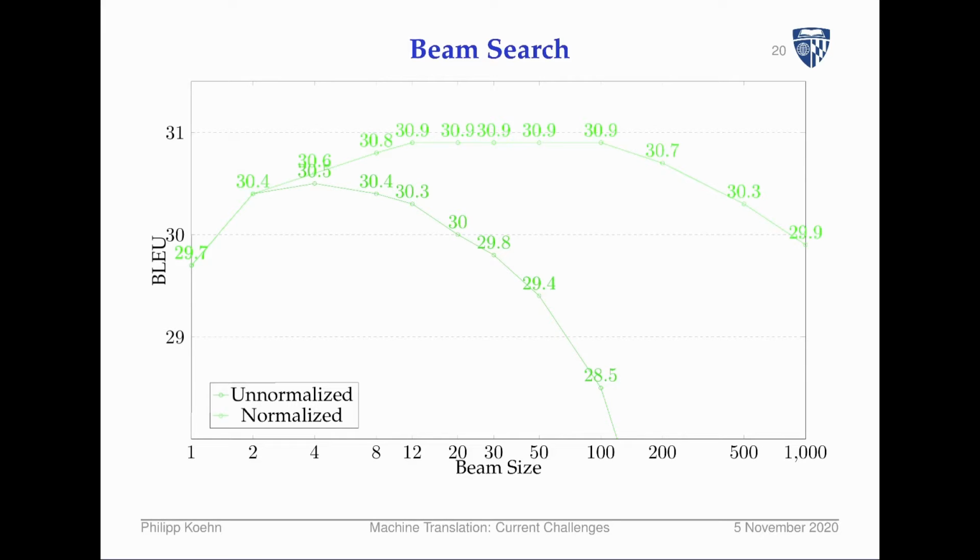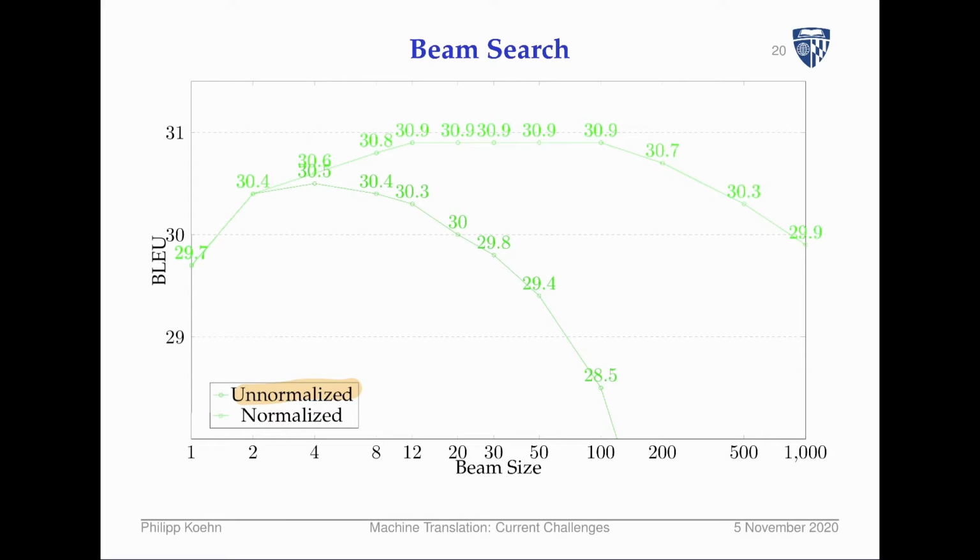There are two different things plotted here. One is using unnormalized scores. So this looks at the different translations that are being produced, and what's reported as the best translation is the one that has the highest score, or if you frame it in terms of probability, it has the highest probability.